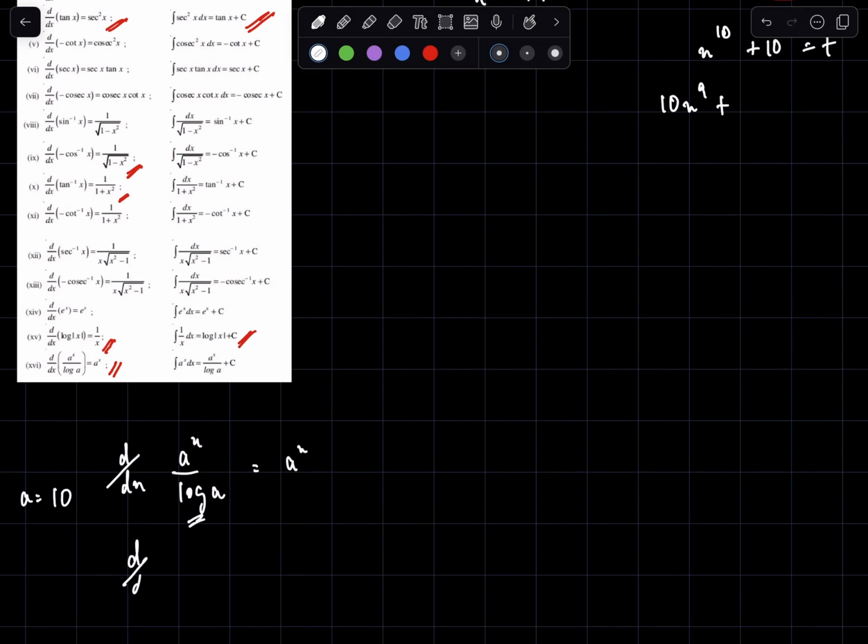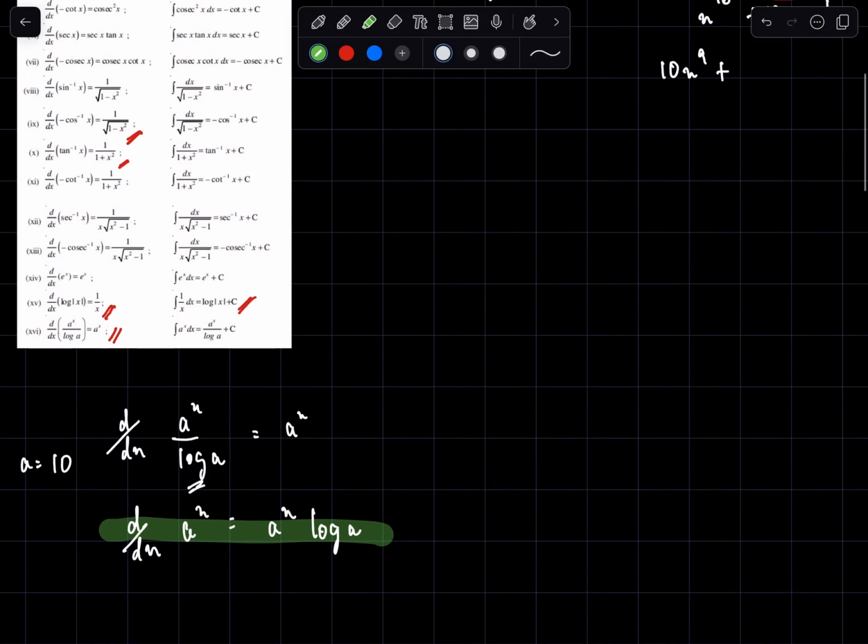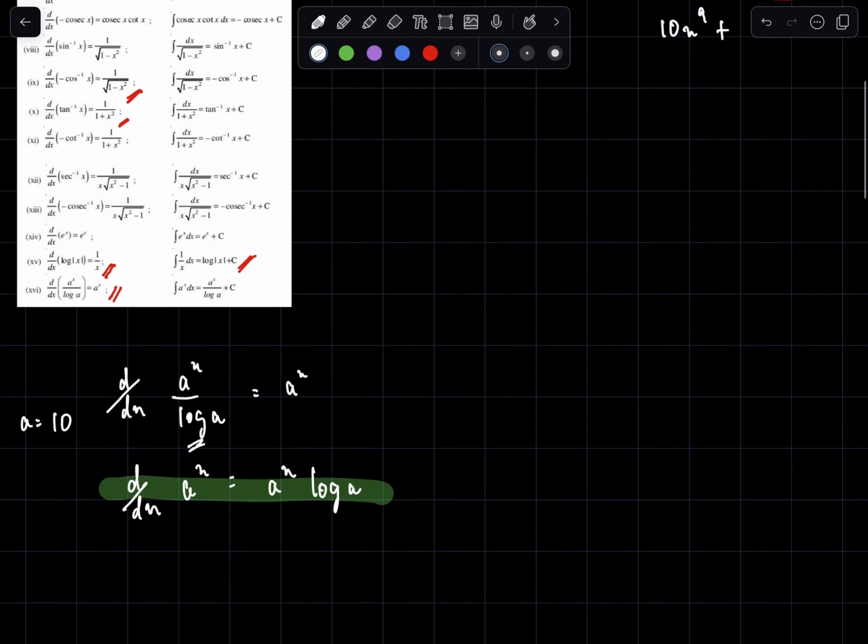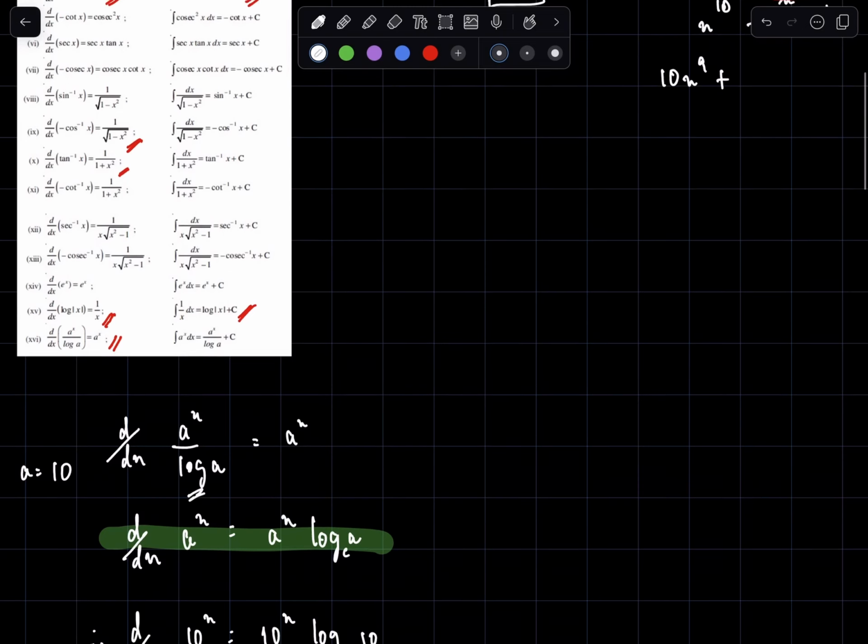So d by dx of a to the power x is equal to a to the power x log of a. So when I differentiate, d by dx of 10 to the power x is equal to, just substitute, 10 to the power x log base e 10. Right? Simple.